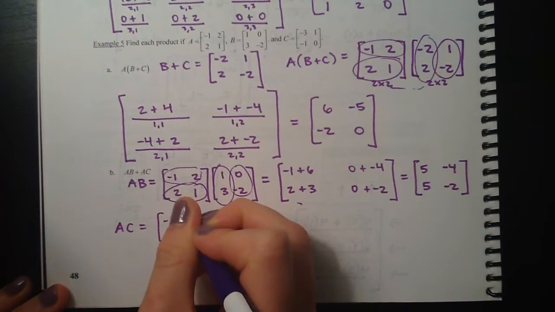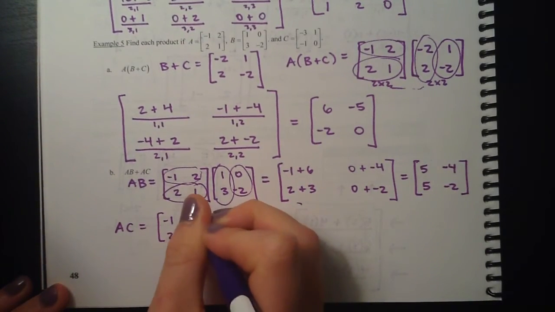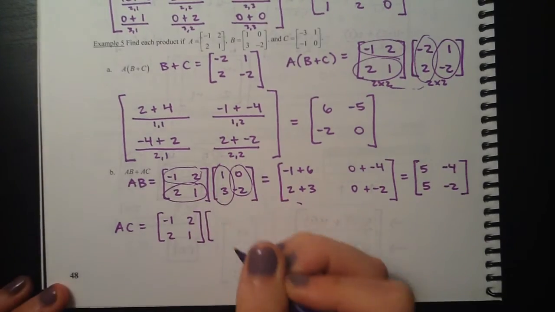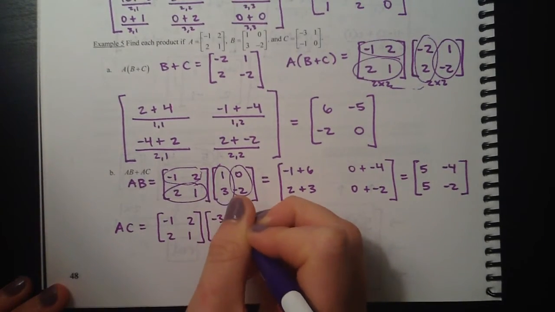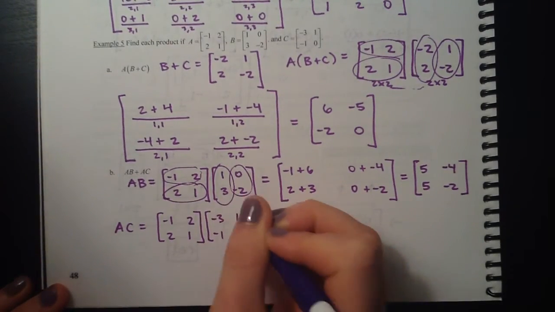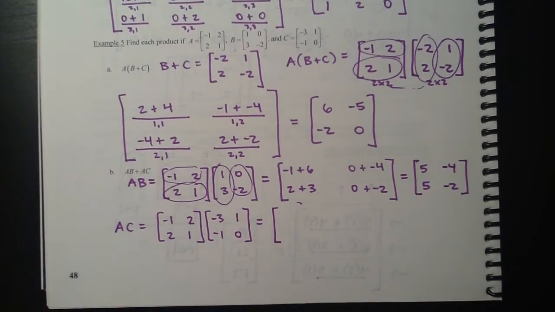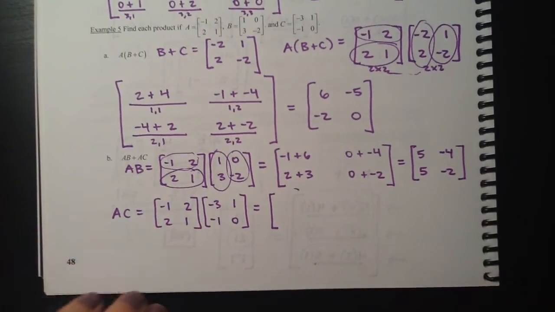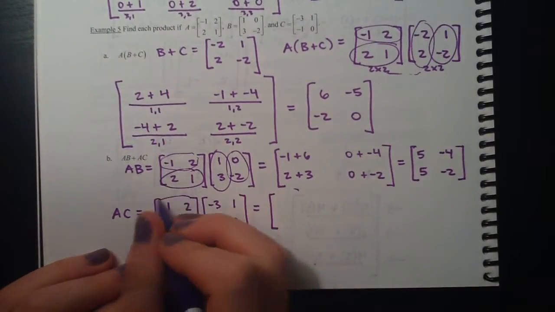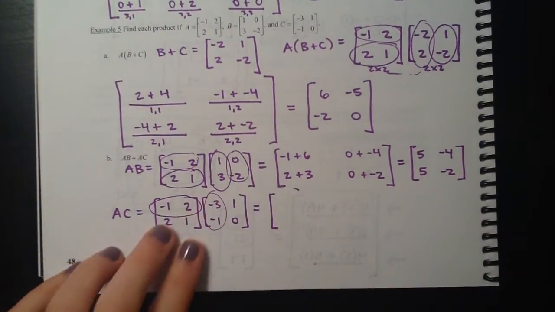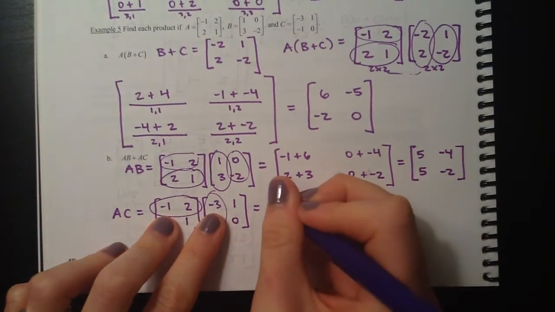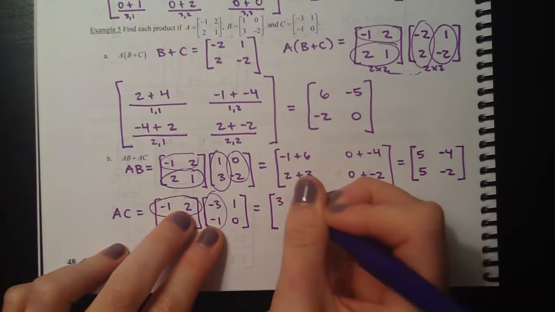Now let's get AC. Okay, so again, here's A. And I will copy down C, -3, 1, -1, 0. Okay, so again, I know I'm going to get a 2 by 2 matrix, and we can go through this fairly quickly. So this first spot is row 1, column 1. So -1 times -3, 2 times -1.